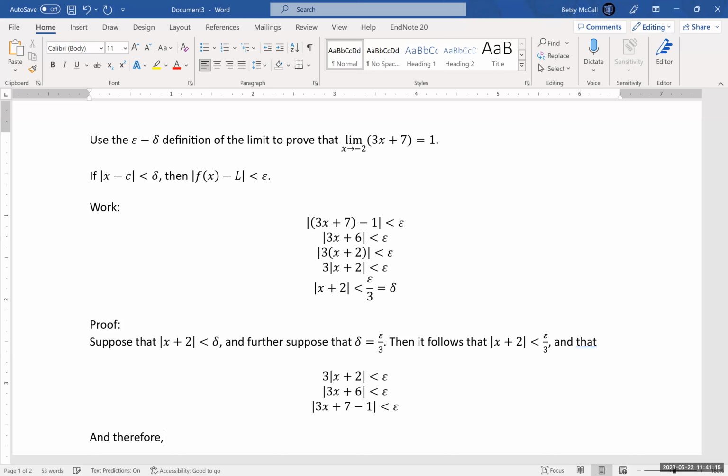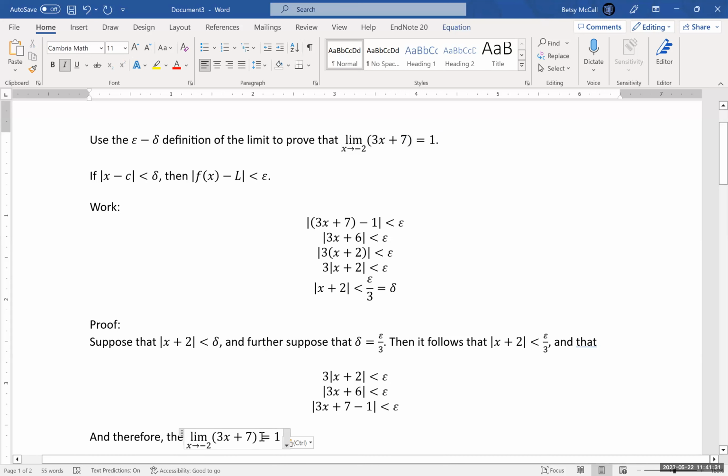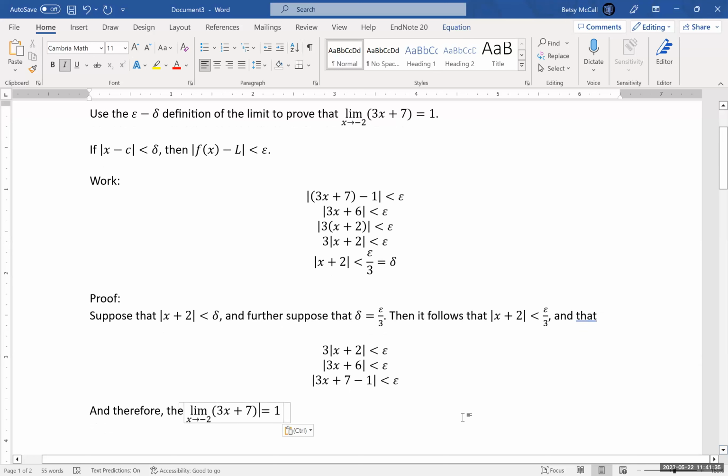And therefore, the limit as x goes to -2 of 3x plus 7 is equal to 1.